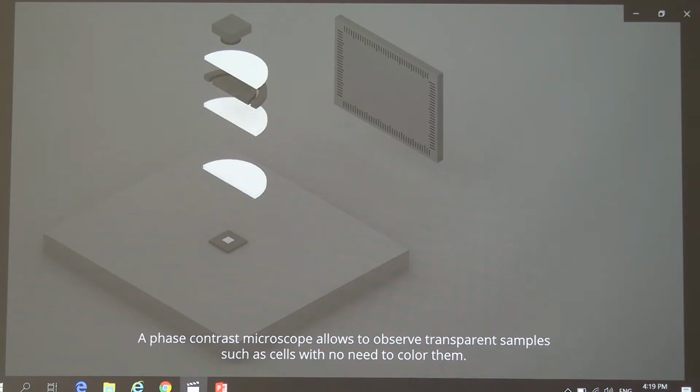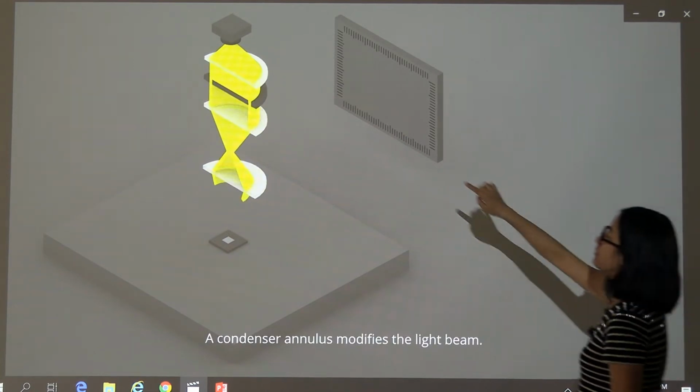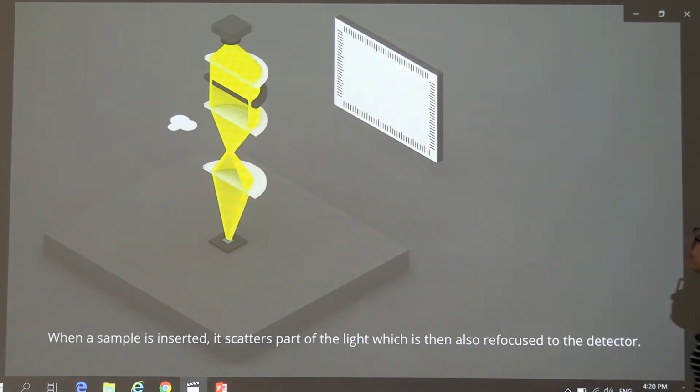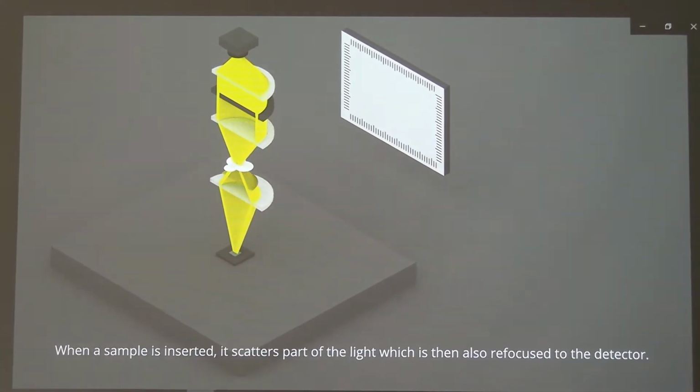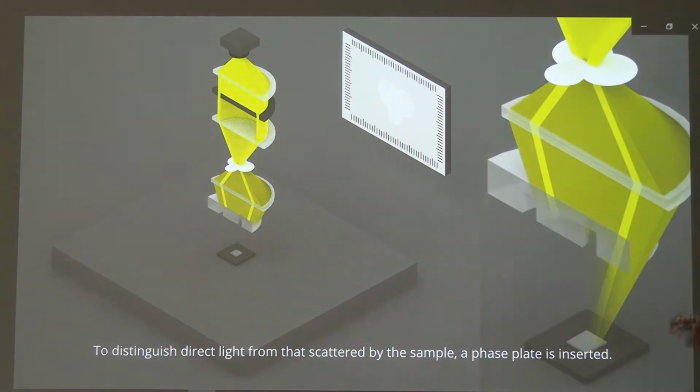Now it goes to the phase contrast. Here the black one is the phase ring. Now they put the sample in, and you can see the light path is changed by this sample.